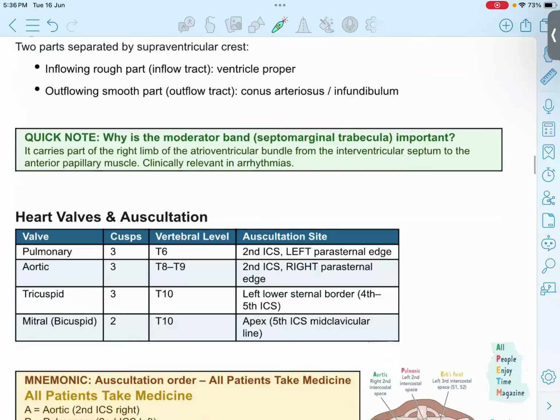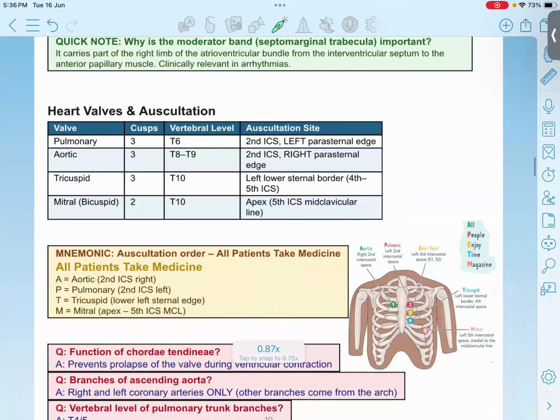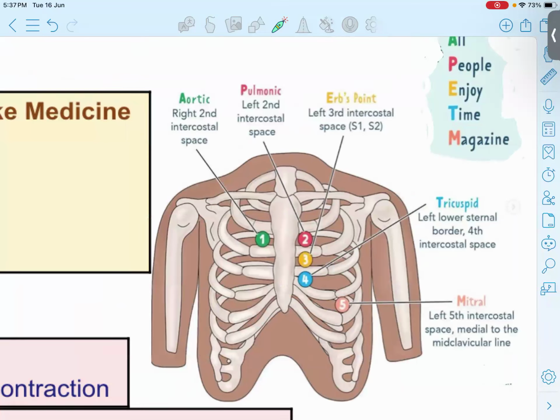Come to auscultation, heart valves and auscultation. I want to show you this image. Remember A P T M. It is very important for our clinical examination in the cardiovascular system, so try to remember this.